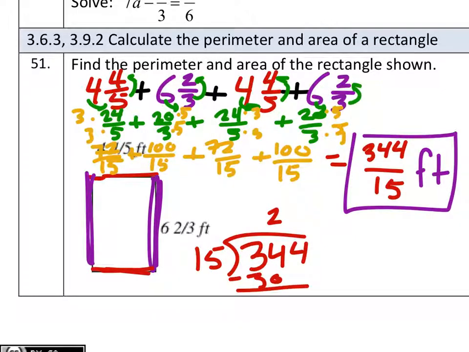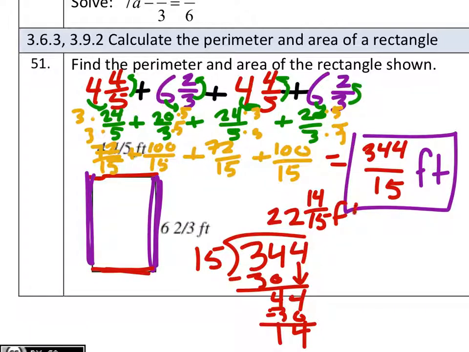Minus 30, that's where a calculator comes in pretty handy. 15 goes into this new 44, still twice. So I'll subtract 30 out of that, and I'm left with 14. So it would have been 22 and 14 fifteenths. It's pretty close to a full whole value. That would have been nice, but no go on this one.